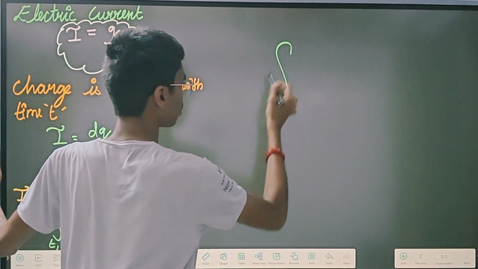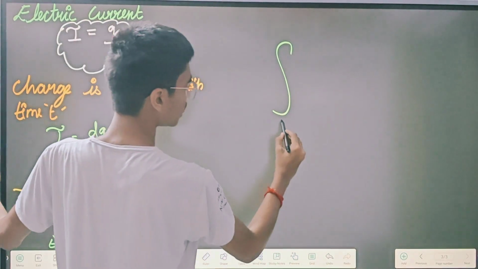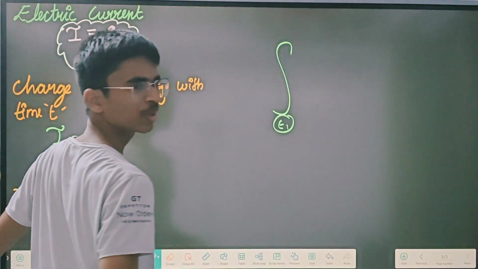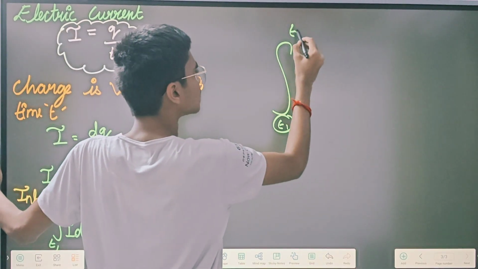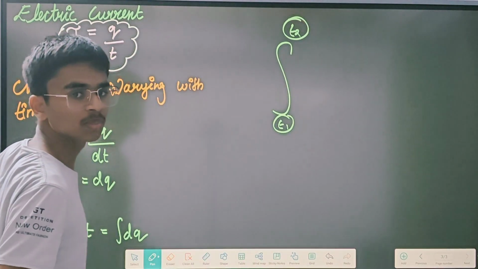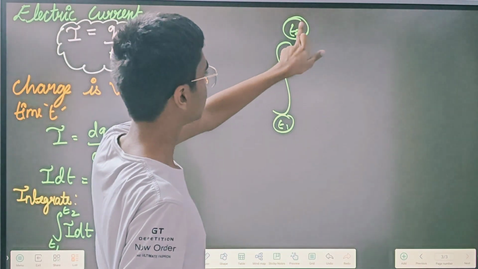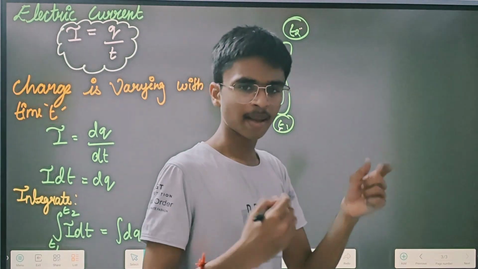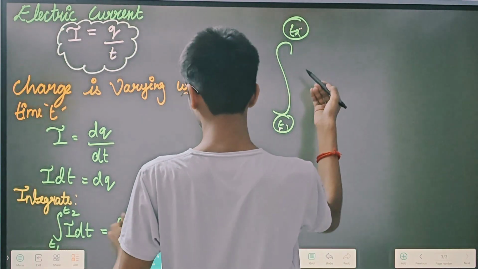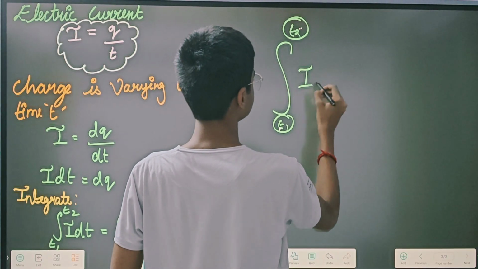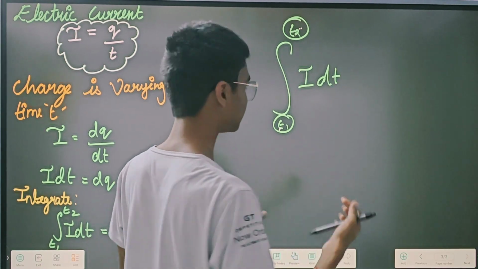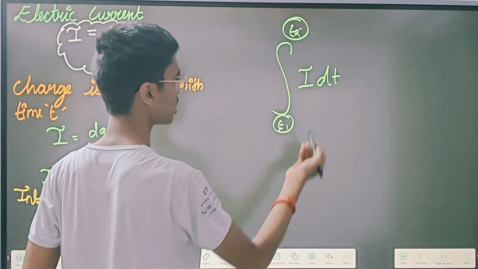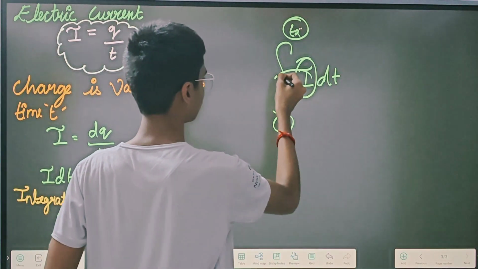This is the symbol of integration. The limit that you put at the bottom is known as the lower limit. The limit which you put at the top is known as the upper limit. Mostly the upper limit will be greater than the lower limit. So here it is I dt. Since I is a constant, I will be taking it out.